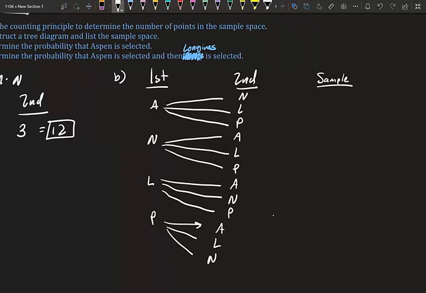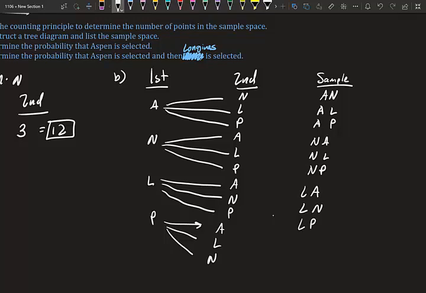So we have AN, AL, AP, meaning Aspen and Noah can be the winners, Aspen and Longinus can be the winners, or Aspen and Phyllis can be the winners. If Noah is picked, it could be Noah Aspen, Noah Longinus, Noah Phyllis. If Longinus is picked, it can be Longinus Aspen, Longinus Noah, Longinus Phyllis.